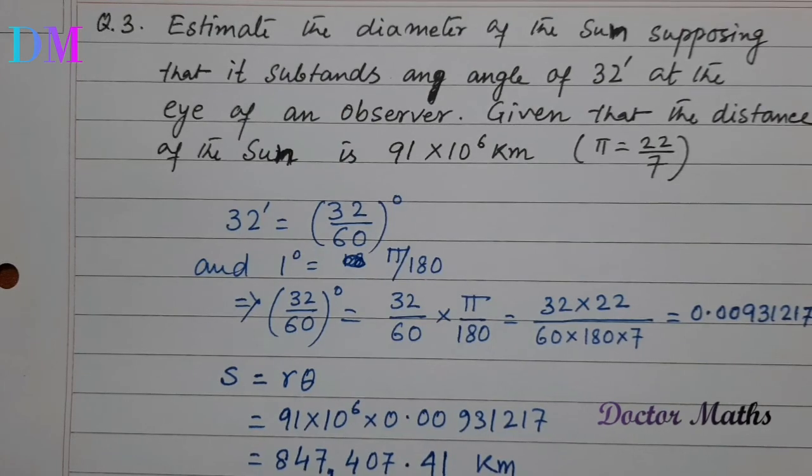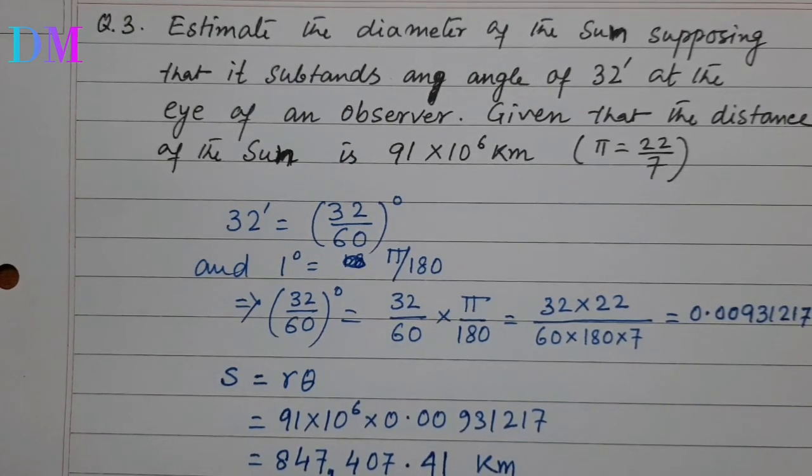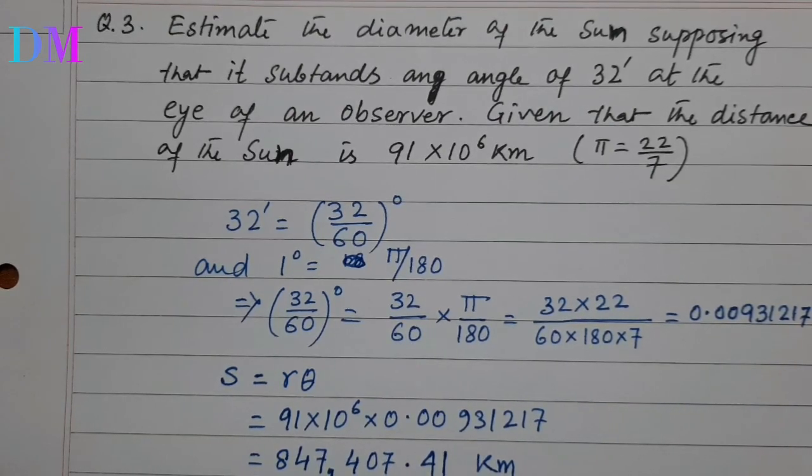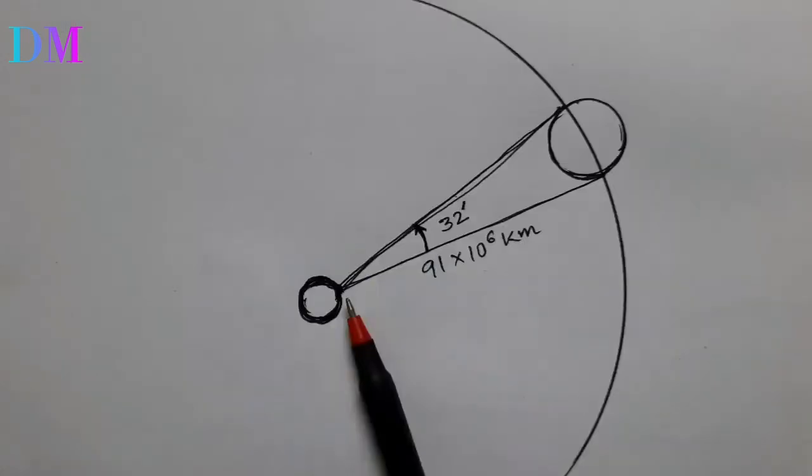Now the next question is to estimate the diameter of the sun, supposing that it subtends an angle of 32 minutes at the eye of an observer, given that the distance of the sun is 91 into 10 to the power 6 kilometer. So we have to consider here pi equals 22 by 7.